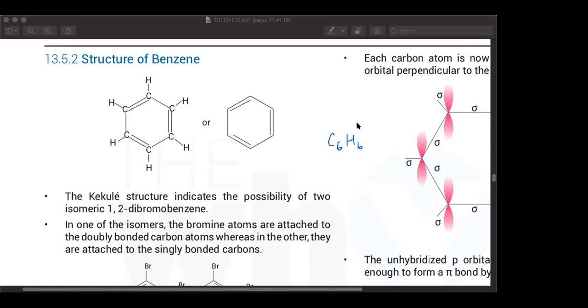Now imagine trying to figure out the structure of C6H6. You had to be a really out-of-the-box thinker to figure out that a ring structure is possible. There is a story that Kekule, who described the structure of benzene, got it in a dream of a snake biting its own tail. That's how he got the idea of a ring structure for benzene.